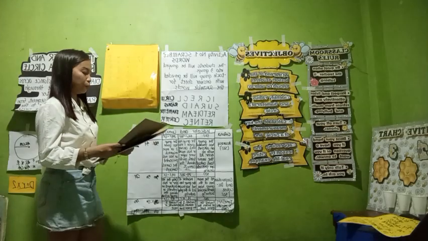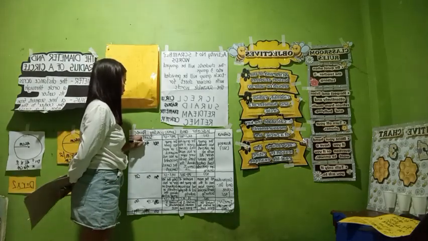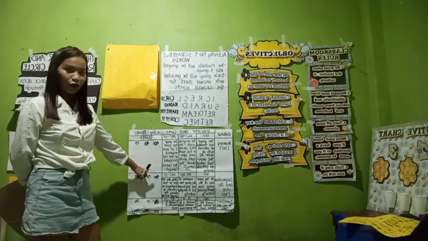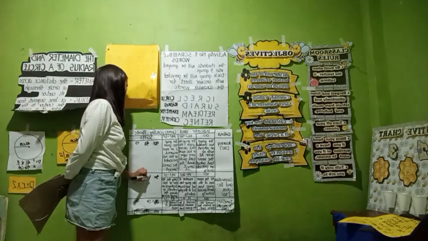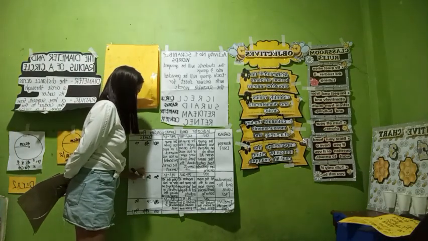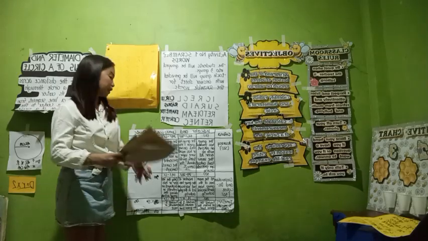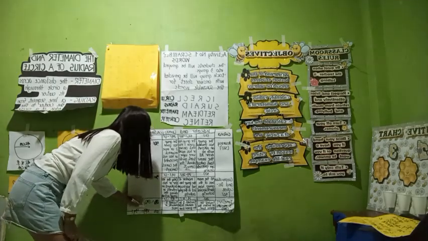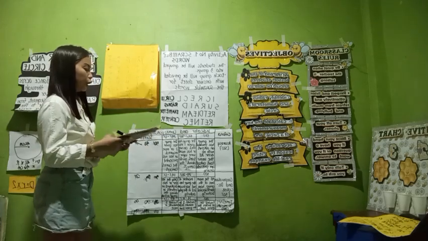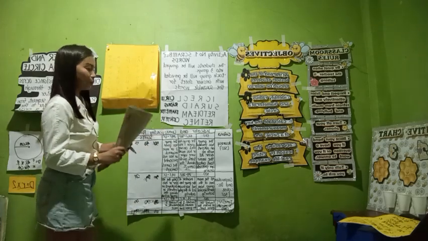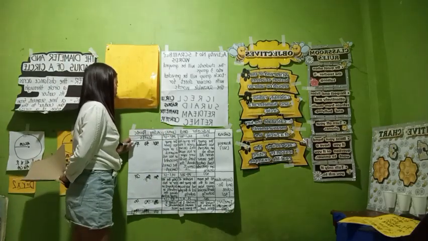Next, we have group 2. Okay, accuracy, 50%. Cooperation, I saw one student using his phone. You will be deducted 1, which means 29%. Timeliness, 20%. Next, for group 3, the group has one incorrect answer, so it's 49%.